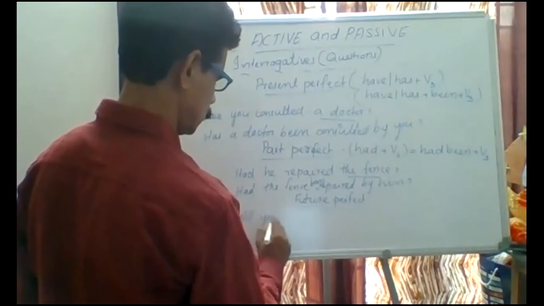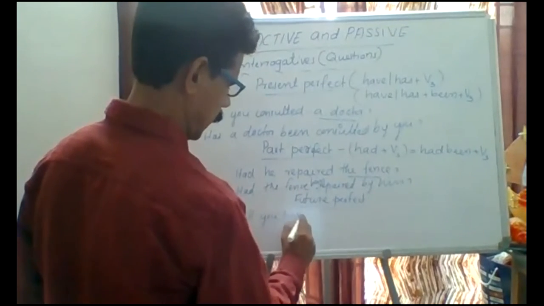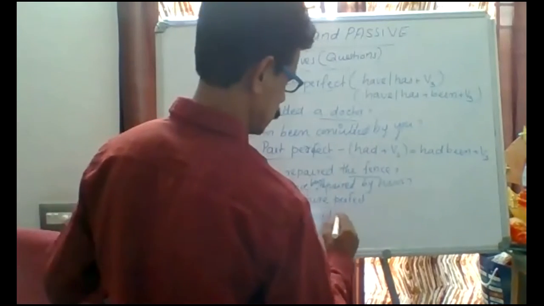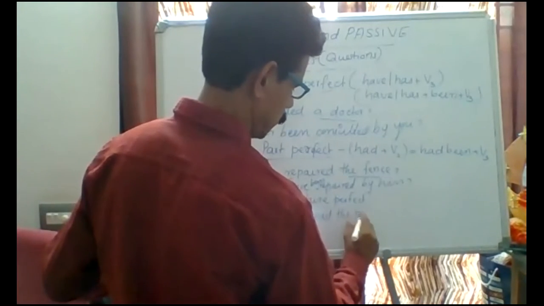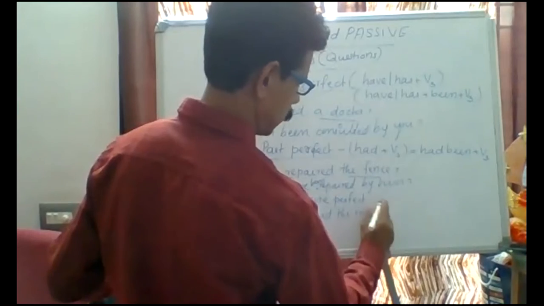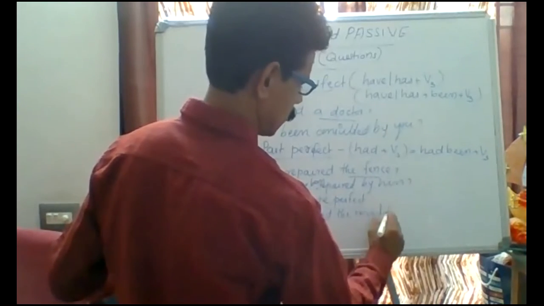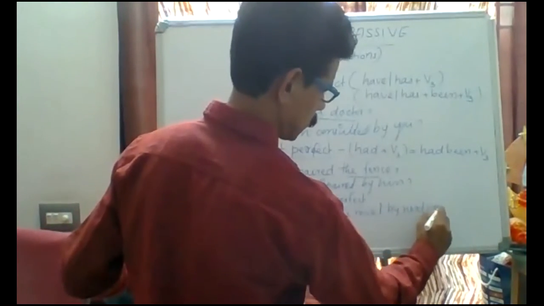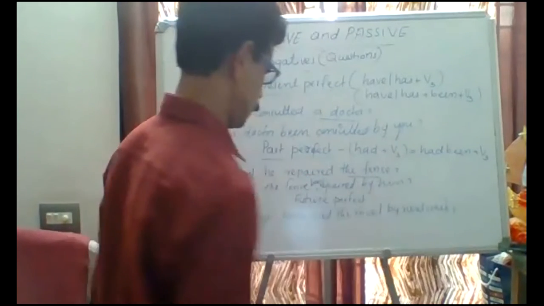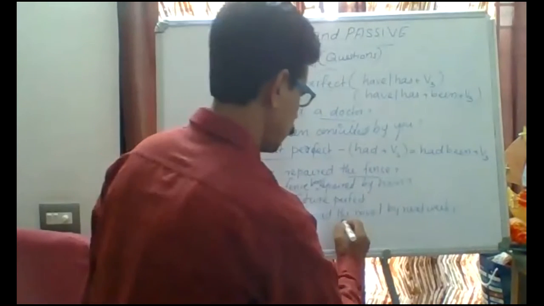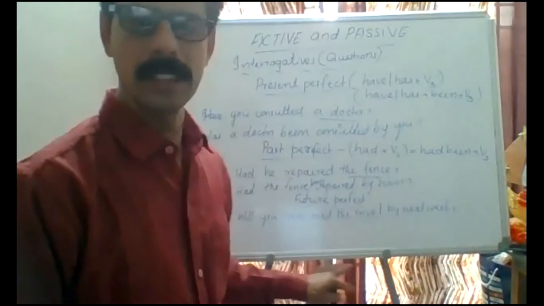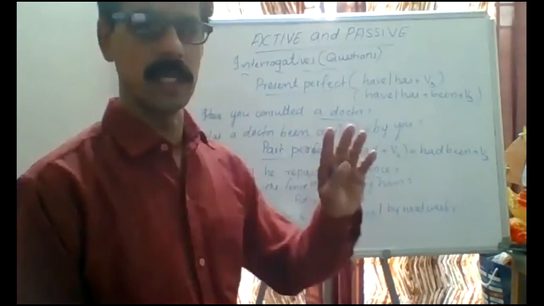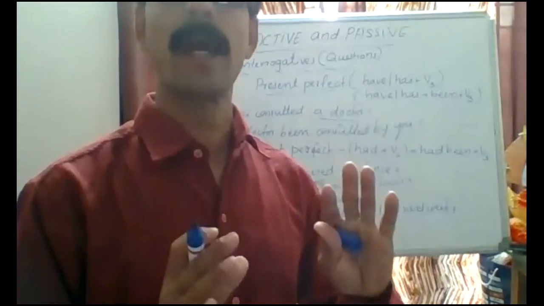Will you have read the novel by next week? Here, the novel is the object. Will is already given there. Here, have is there, you just add been. In all the perfect tenses we must add been.